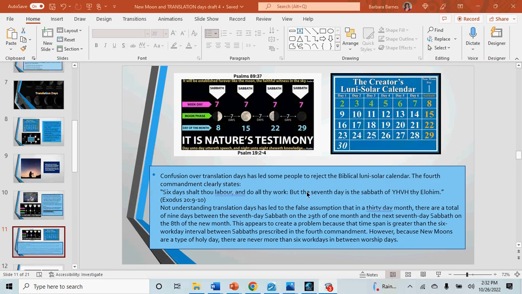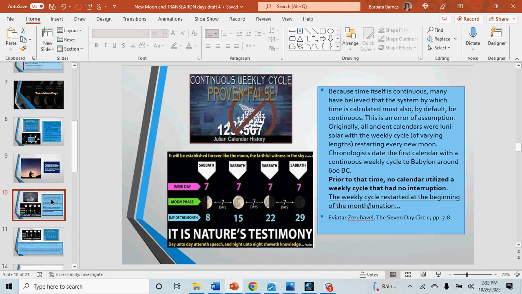This is Brother Whittaker. One of the things that helped me understand that translation day was the leap year in the Gregorian calendar, which I've been accustomed to all my life. The translation day fell right into that logic: because the days are not exactly 24 hours, something has to be done to bring it back into alignment every so many days, because it alternates between 29 and 30.